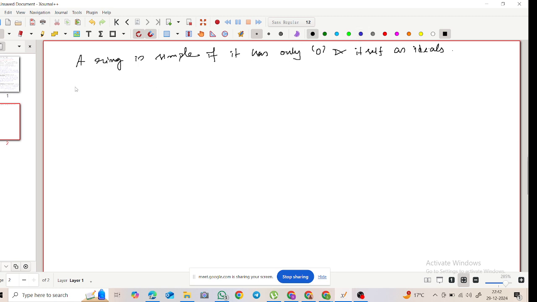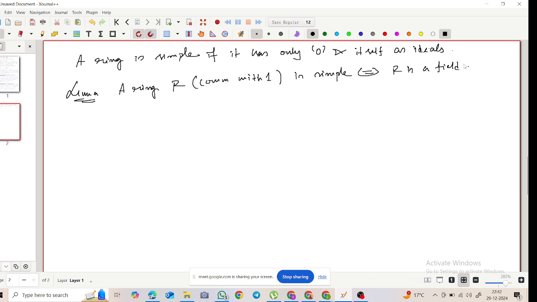Now my claim is the lemma: a commutative ring R with unity is simple if and only if R is a field. I will give you 2 to 3 minutes to try this. Please try this.